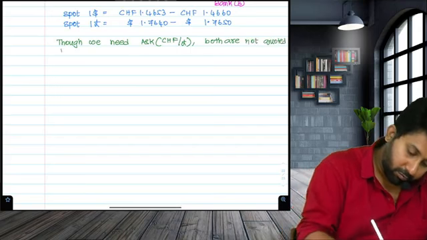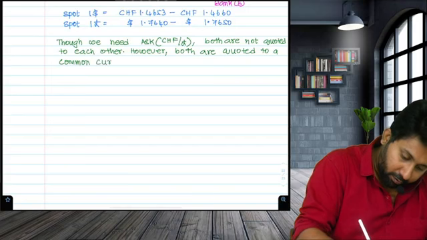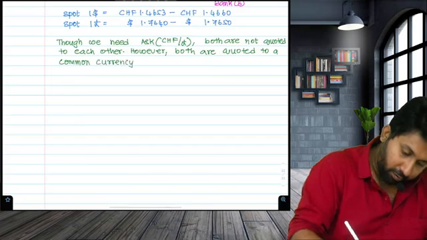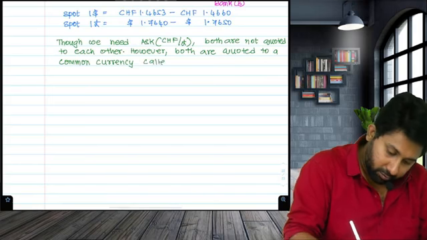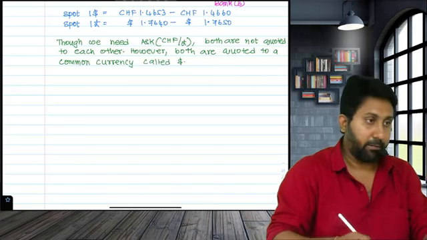However, both are quoted to a common currency called dollar.